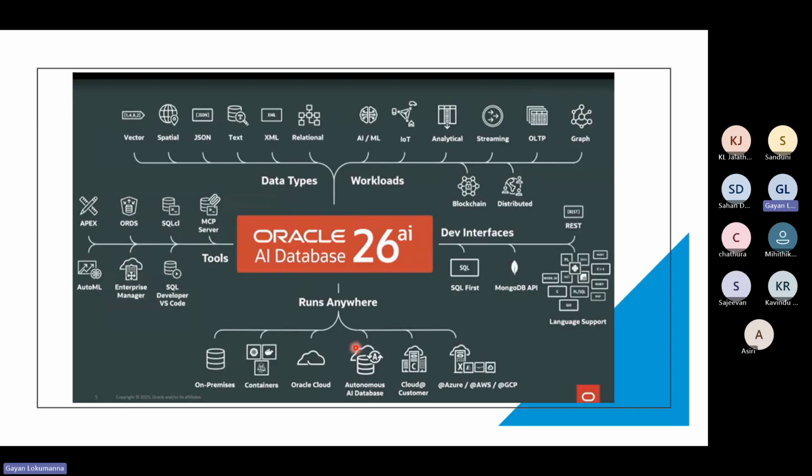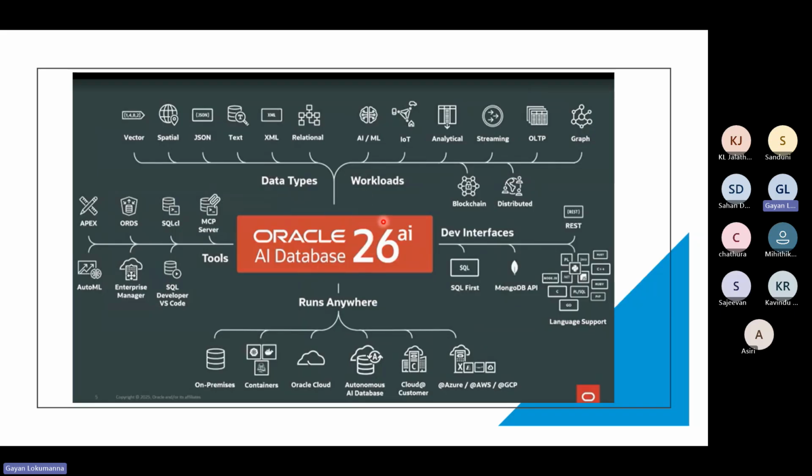Okay, this is at a very high level how the database would look now, right? So the specific advanced data types such as JSON, spatial, vector type data, along with the conventional relational data, they're all available now within your Oracle database, right?